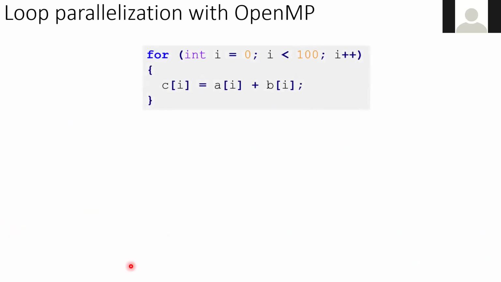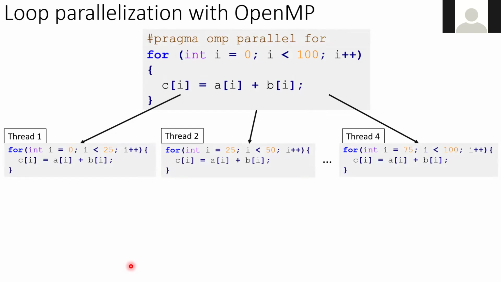Let's say we have this for loop. We're going from 0 to 100 minus 1, and we're adding some two array components into the third array. And we just add this pragma omp parallel for. If we have a 4-core system, it will detect that and create 4 threads.